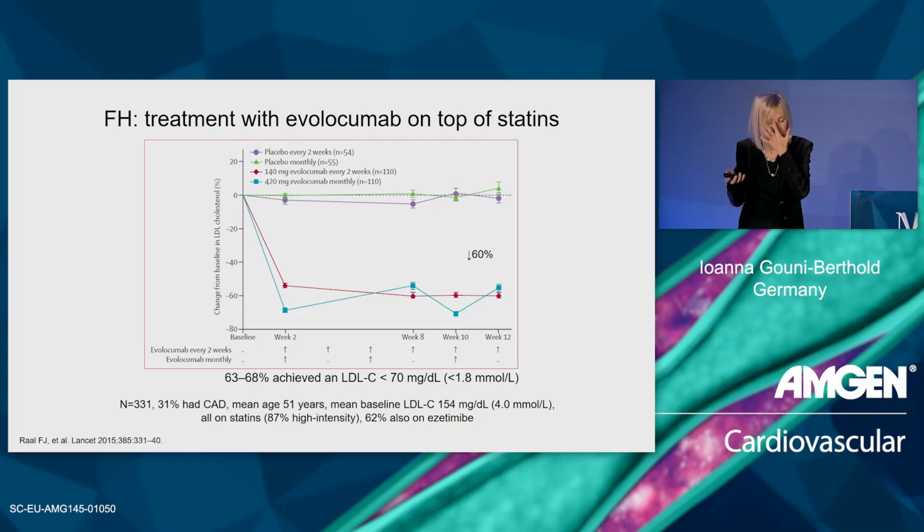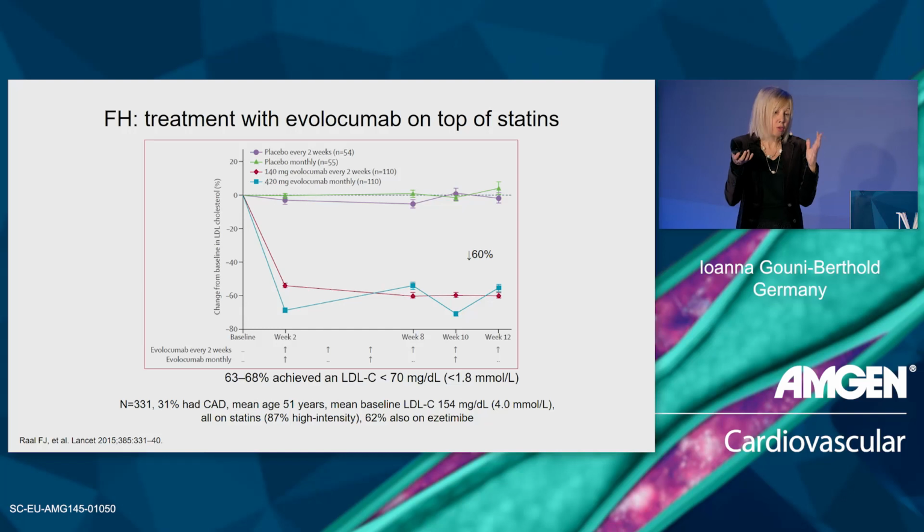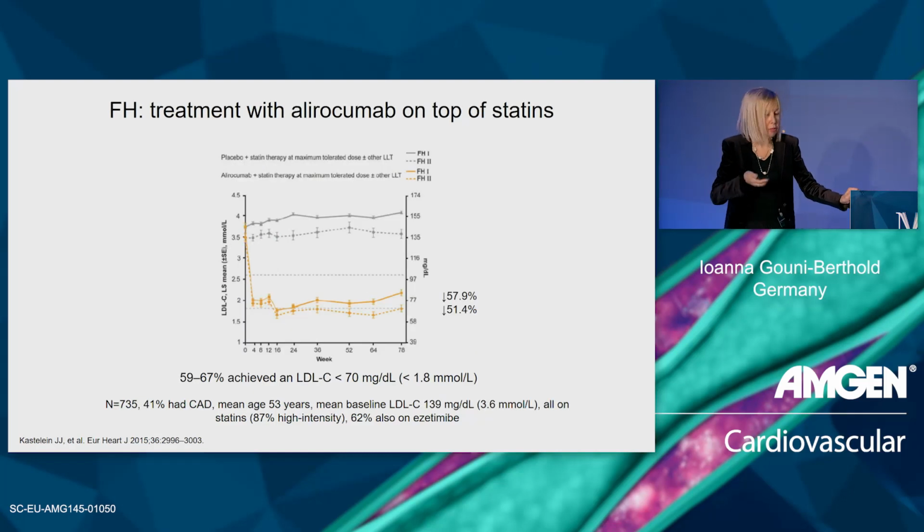And the PCSK9 inhibitors, both alirocumab and evolocumab, can do that. We published a study in The Lancet a couple of years ago on patients with heterozygous FH. They either got placebo or evolocumab, a 60% reduction, a massive reduction, and not 5% or 7% reached their goal, but 70% reached their goal of an LDL less than 70 milligrams per deciliter. And the same is true with alirocumab.